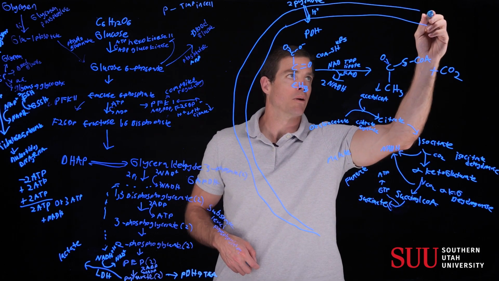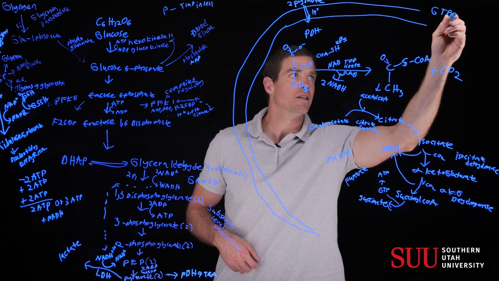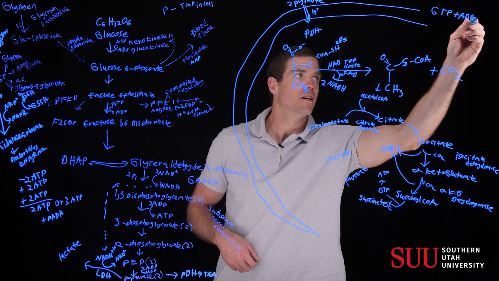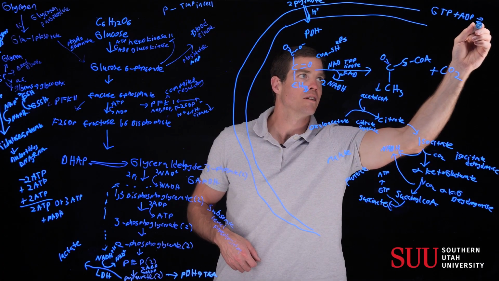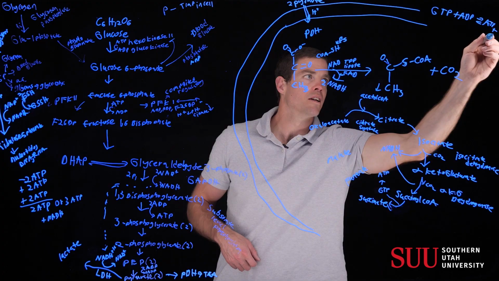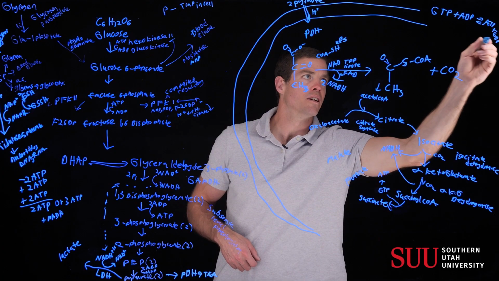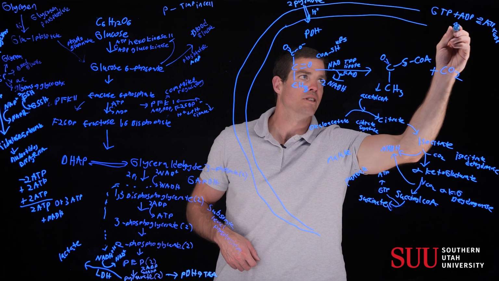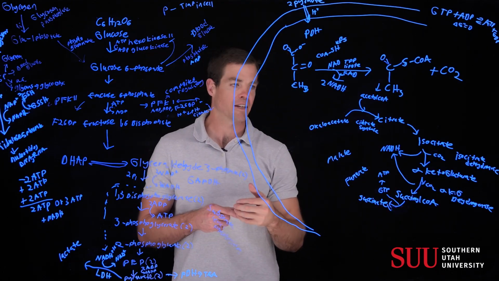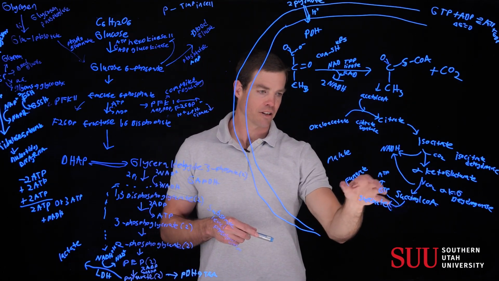You have, for example, GTP plus ADP is a reversible reaction to make ATP plus GDP. And the delta G on that is pretty much 0, equal to 0 prime naught. So it's just a reversible reaction. It just depends on the concentration of each one of those.